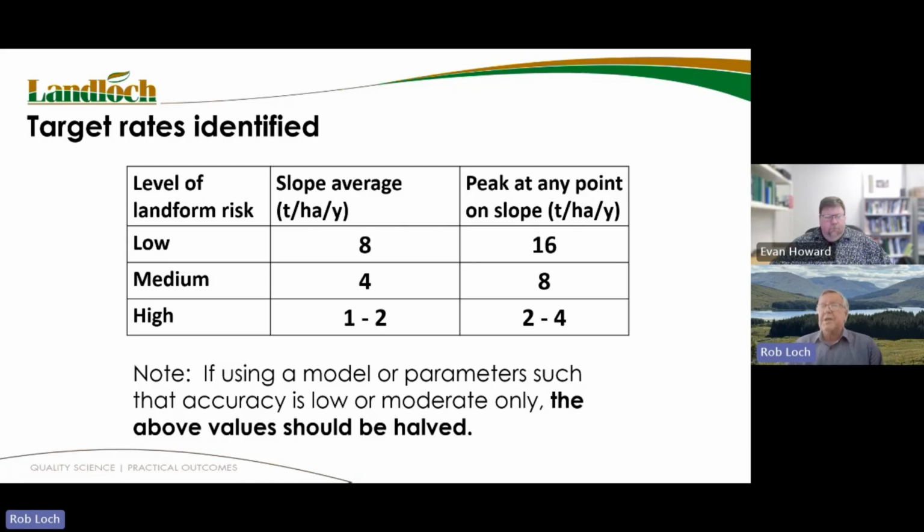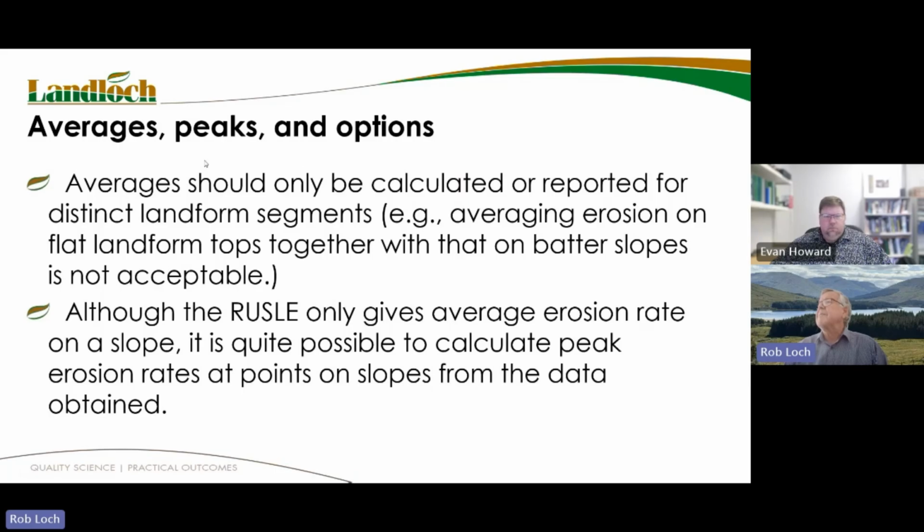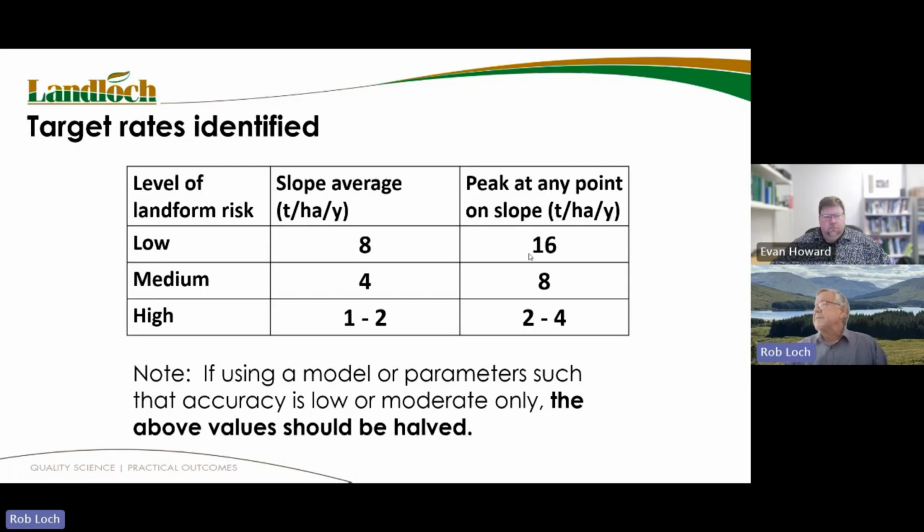And the inclusion of peak rates at any point on a slope is really quite important. And note here also, if using a model or parameters such that accuracy is low or moderate, then all of the above values should be halved. So we are taking into account both risk and model accuracy.